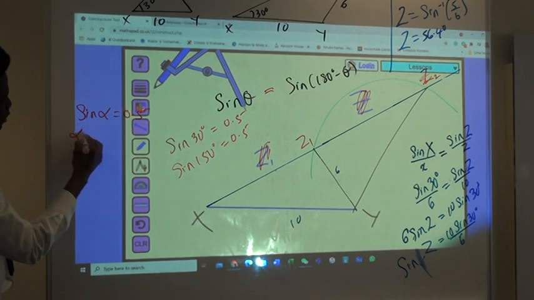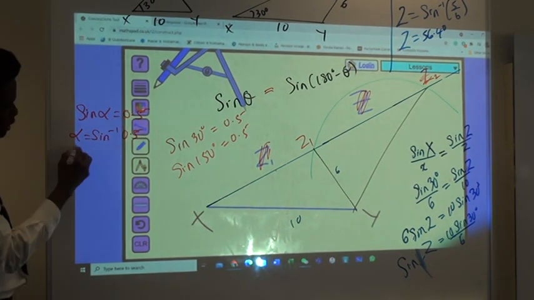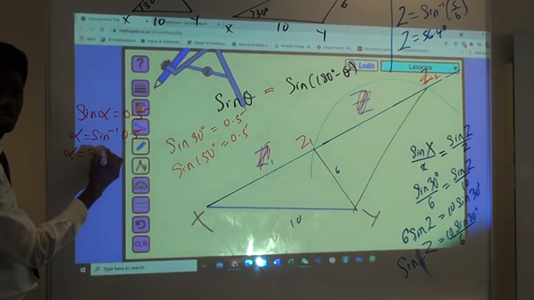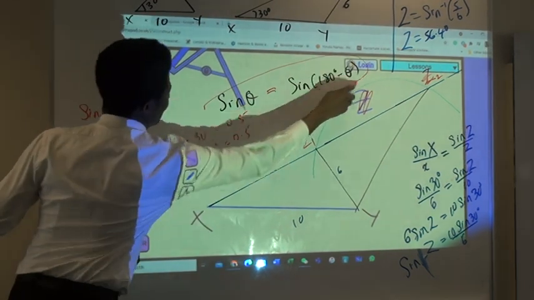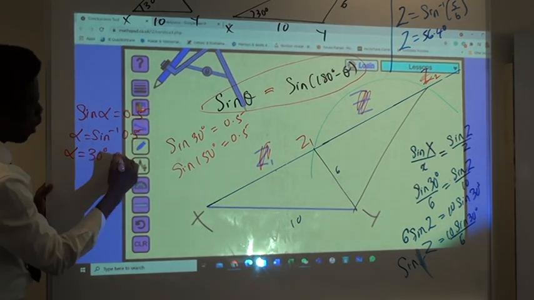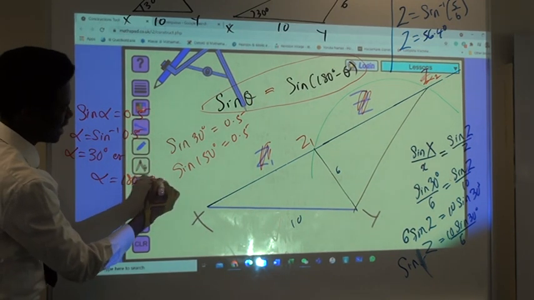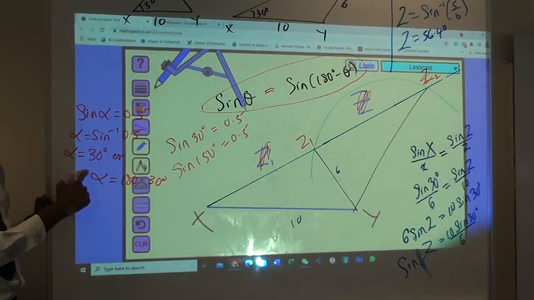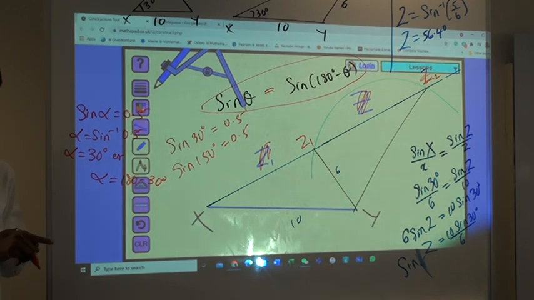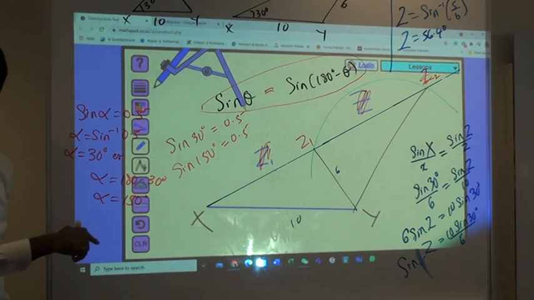When you say alpha is arc sine of 0.5, your calculator will only give you 30 degrees. But because you should know this identity, you will have to say that alpha is also 180 minus that same 30 degrees, because they are supplementary angles.